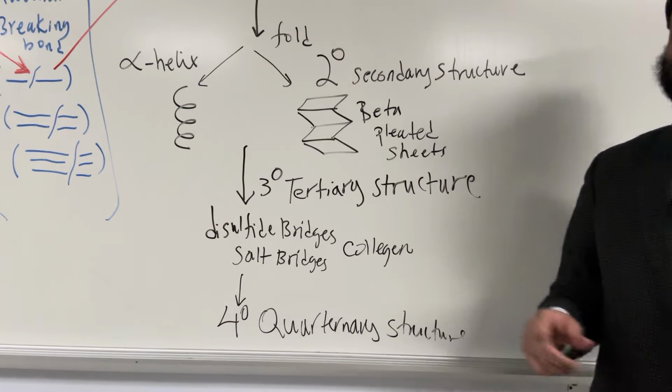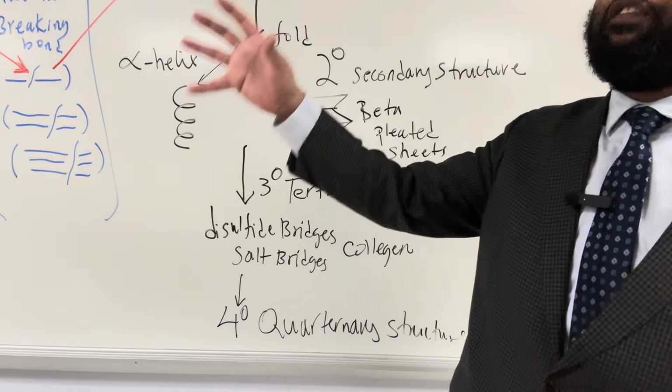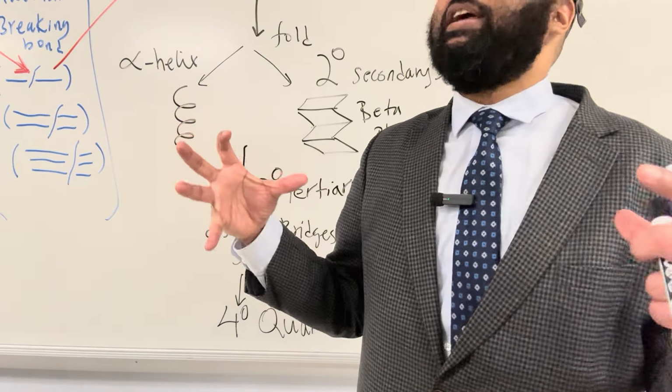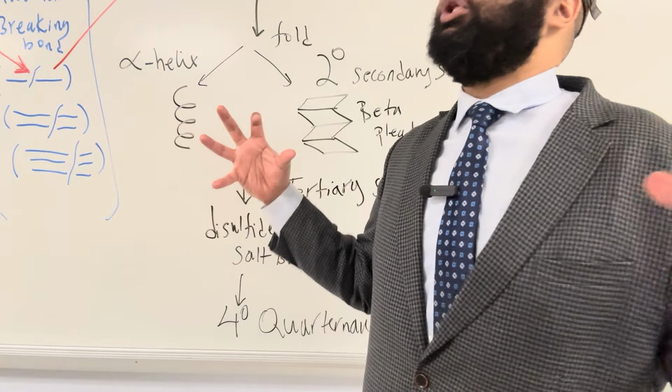So in quaternary structure, you have different polypeptide subunits that are going to be joined together to give you a conglomerate, a very big protein that is made up of little companies, different peptides coming together.